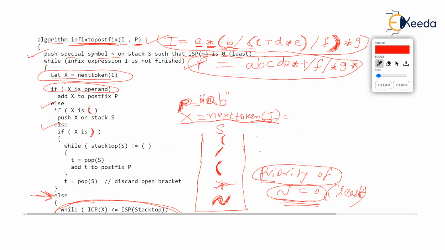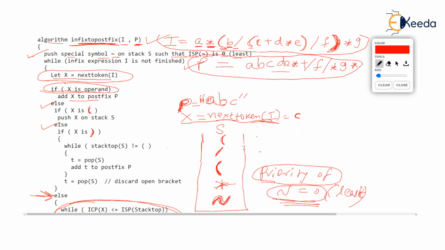It is an operand. Come on, it's an operand. Check the first case. As X is operand, simply add it to postfix. So now the postfix becomes ABC. Oh, check it. We are on the right track. We already know our postfix. Final postfix should be A, B, C, D, E star and all that, isn't it? We are on the correct track.